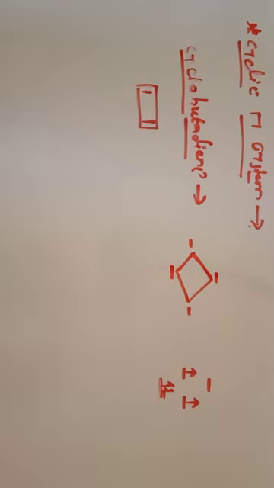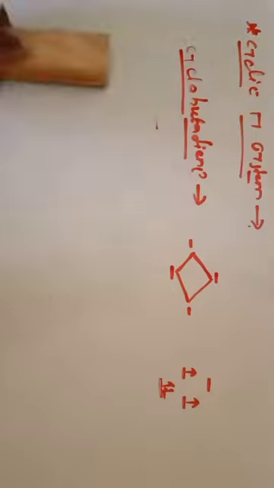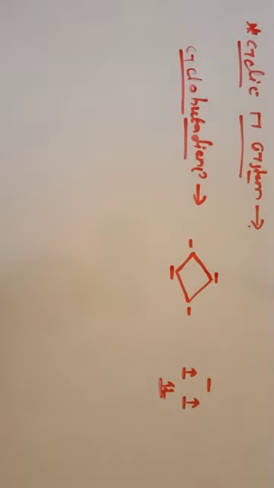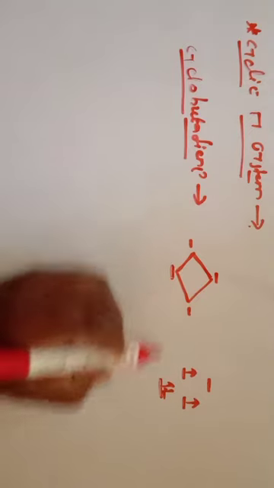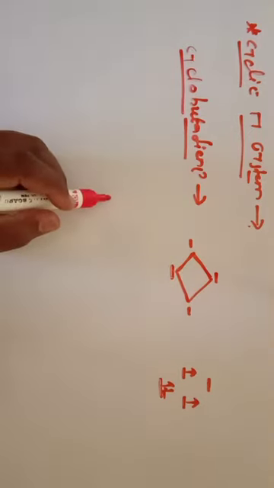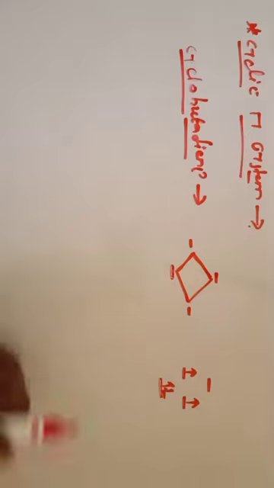So how are these nodes possible in this cyclobutadiene? Let's discuss it. If you consider the first one, that is the bonding interaction, this is the energy, the bonding pi molecular orbital.